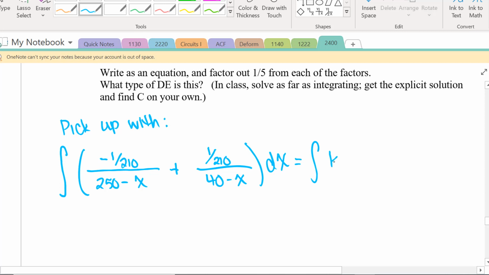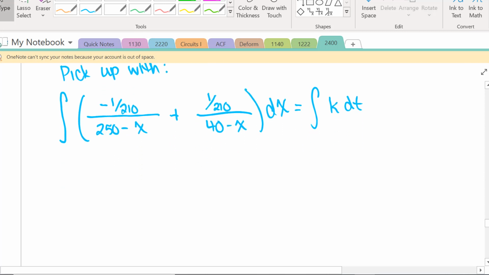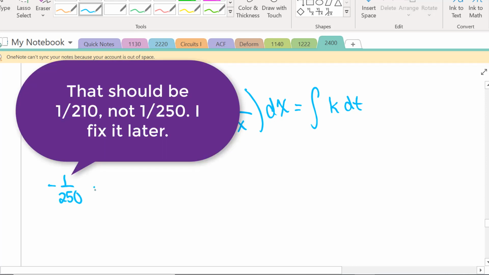And then it was just k dt. So for each of the fractions on the left, we just pull the numerator out in front. And then it's natural log of the denominator. And we don't have to worry about absolute values.